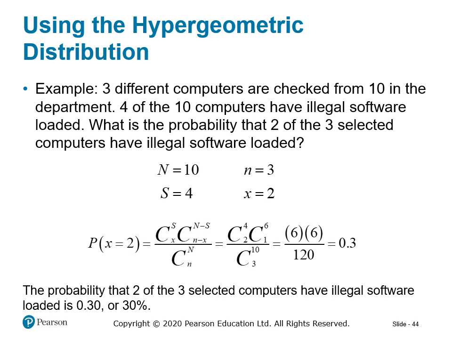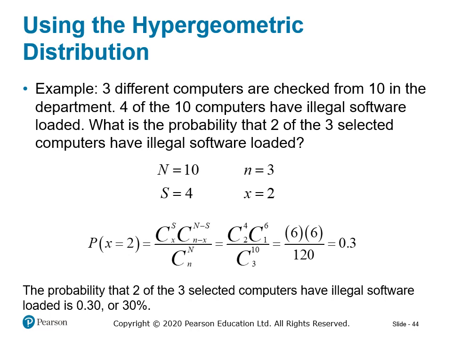I have an example. I have 3 different computers checked from a population of 10 in a department. 4 of the 10 computers have illegal software loaded. What is the probability that 2 of the 3 selected computers have illegal software loaded? So basically, I select 3.